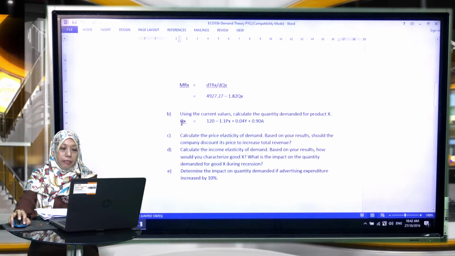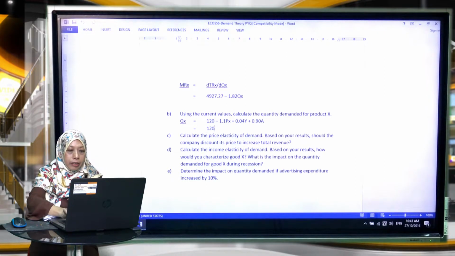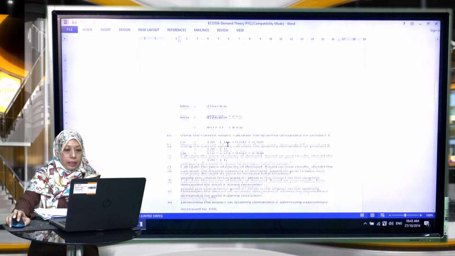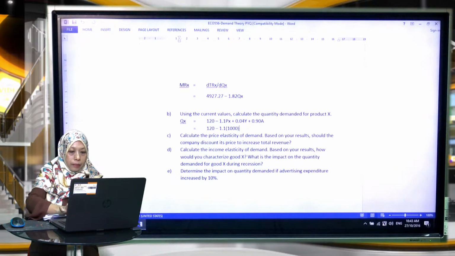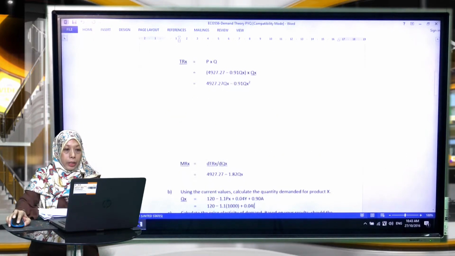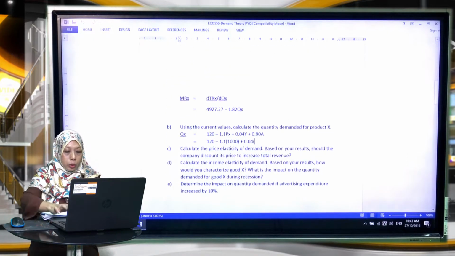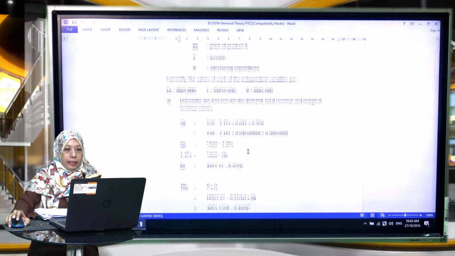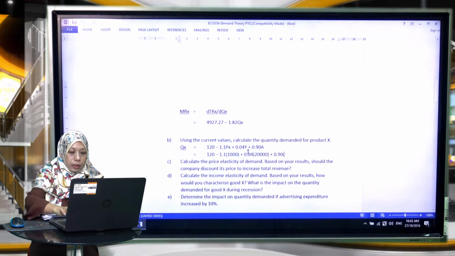If you want to find the value of Qx, you have to substitute the current values for each of the independent variables. So your Px here is 1000, plus 0.04 multiplied by Y, where Y is equal to 20,000, plus 0.90 A, where A is equal to 5,000.